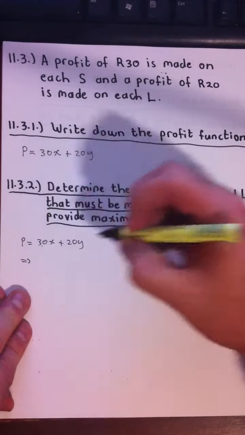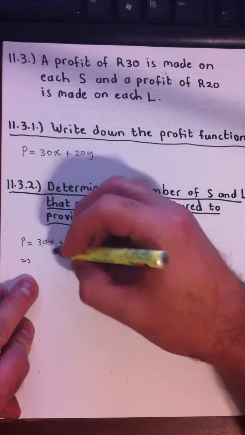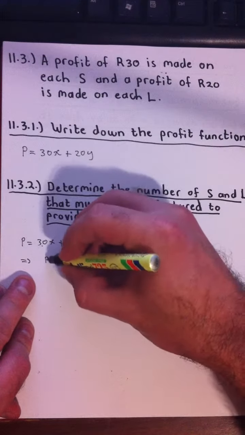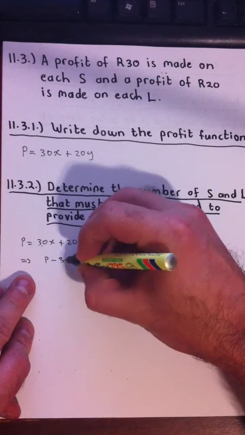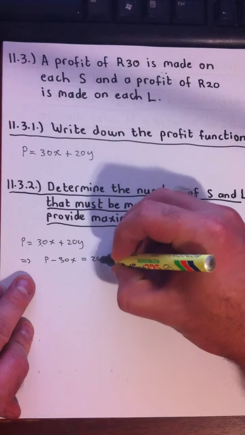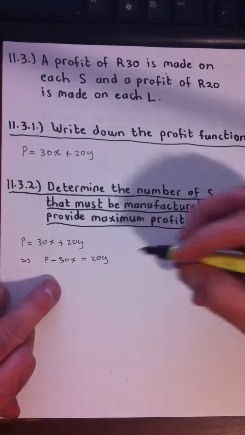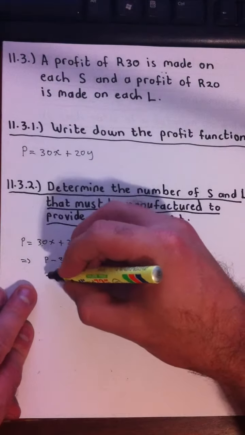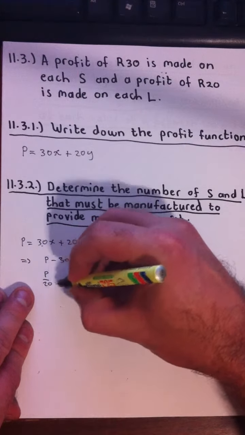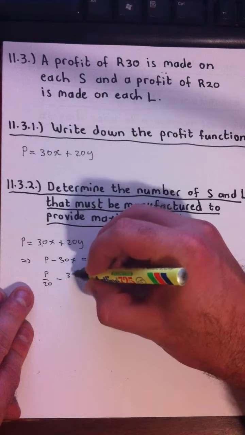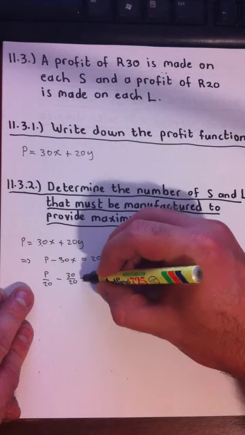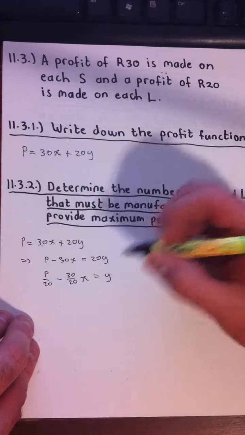So this implies that P minus 30x equals 20y, and then we'll divide both sides by 20. So we'll have P over 20 minus 30 over 20 x equals y.